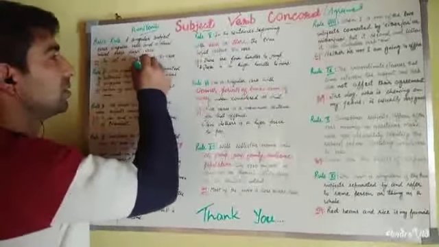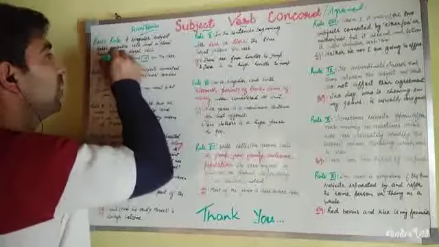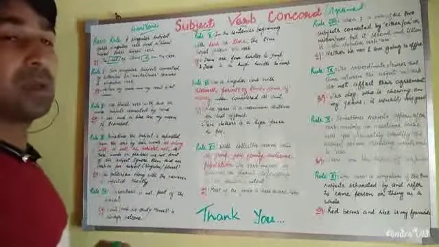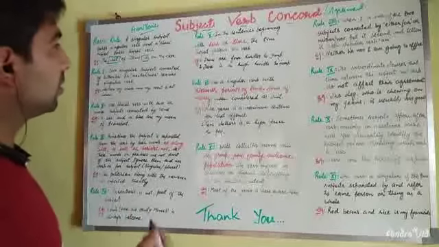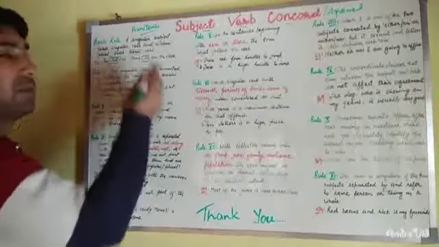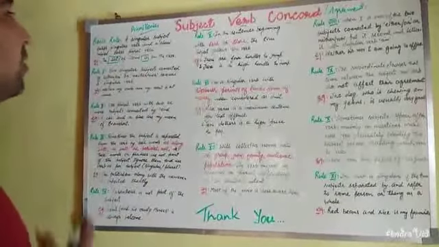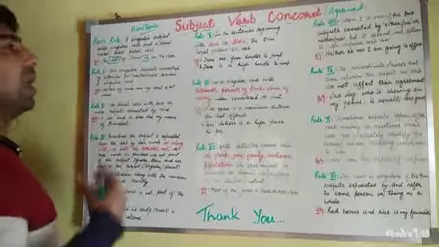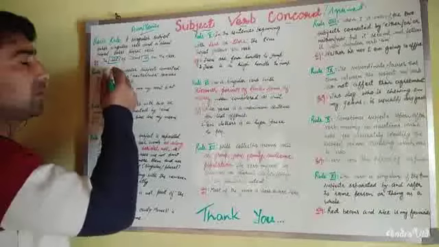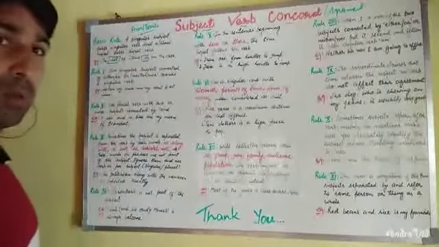Here is is used with the list of items, because list of items is a singular subject and is is the singular verb. If we take an example of plural, they are going to the market. They is a plural subject, and are is a plural verb.